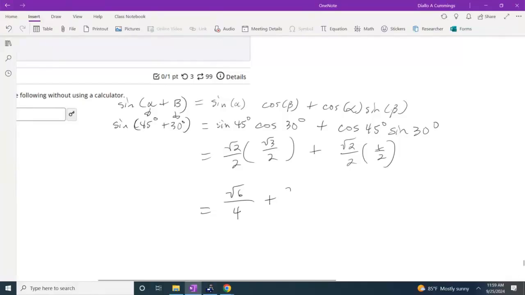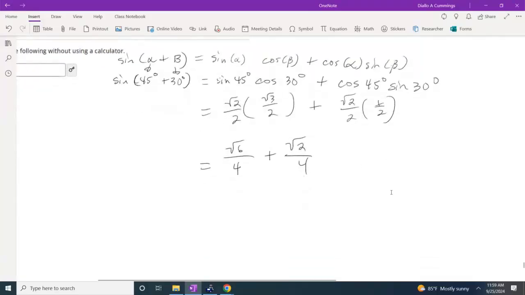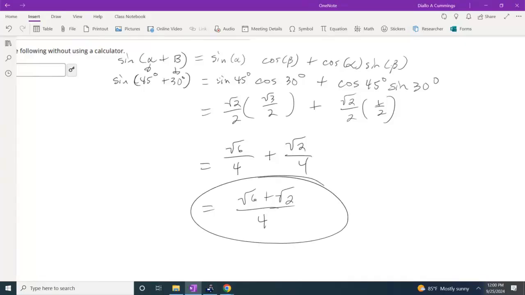Square root of 2 times 1 is square root of 2. 2 times 2 is 4. And then lastly, when I add fractions, I keep my common denominator and I combine my numerators.